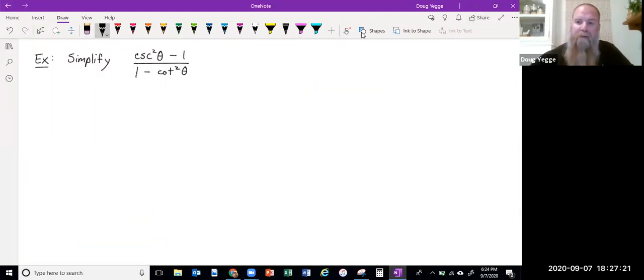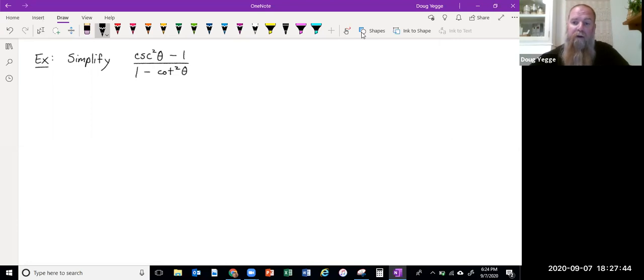Now here's an example that we may be faced with in calculus, where we're given a complicated trigonometric function. And by keeping it the way that it looks, it's going to cause a lot of difficulty in simplifying or solving a particular problem that involves this function. So instead, our goal is to try to simplify this function to an easier form.